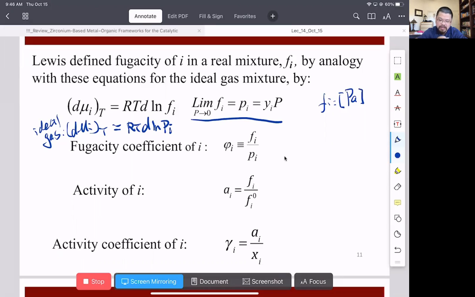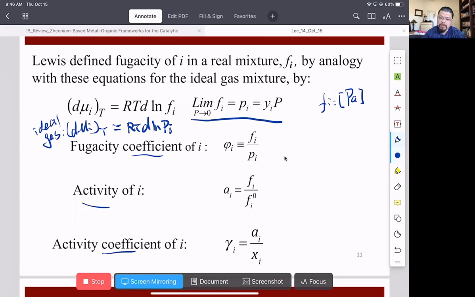Okay. After that, we define three different quantities. One is the fugacity coefficient, trying to compare Fi with respect to Pi. We have the activity and activity coefficients. Nothing special.